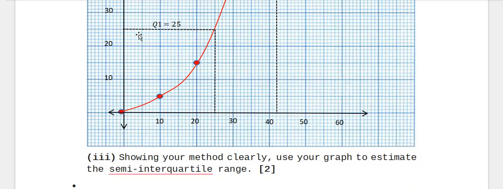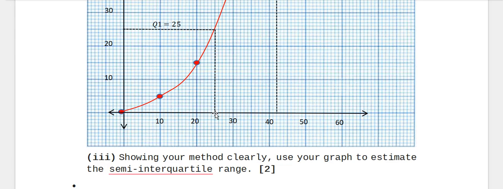So once you find the total number of patients, you say 1/4 times 100. It is going to give you a 25 here, and then you will go way down, and then once you reach the graph, you start coming down. This here will be your first quartile.